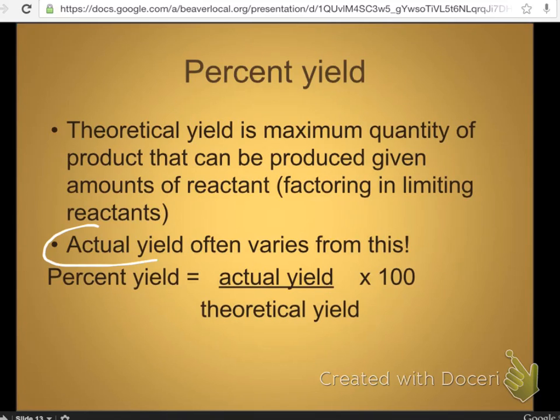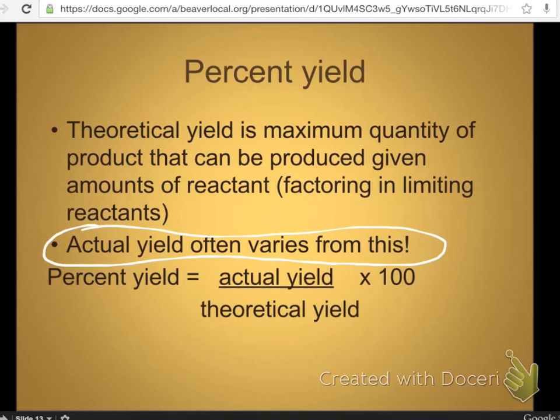And for a lot of reasons, now in a chemical equation it's not quite like making cookies, we don't have people eating the dough, but things happen. Reactions don't run fully, or you don't recover all the product. If you've ever made a cake and not scraped the bowl especially well, not gotten all the batter down into the pan to bake, that's a source of loss. And that happens in chemical reactions.